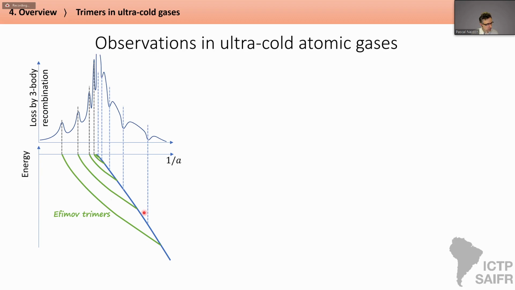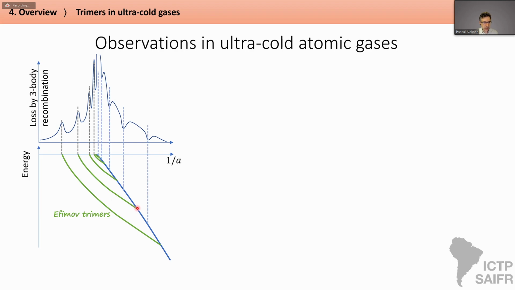Well, I would probably say it's more analogous to this global peak, because this is due to the large scattering lengths between the two particles. And here also we have large scattering lengths between the dimer and the particle.